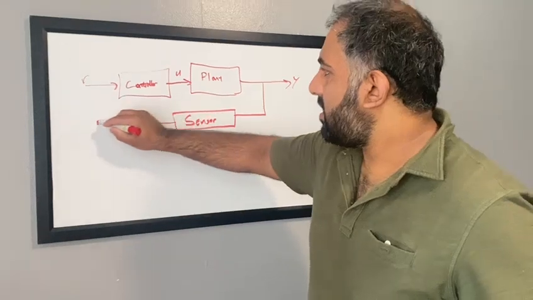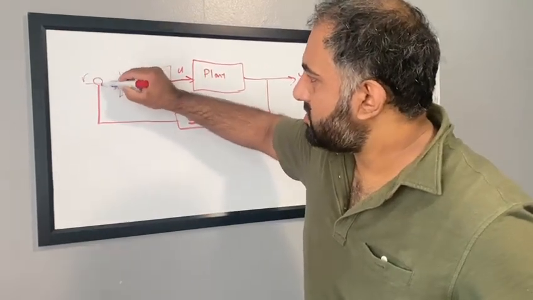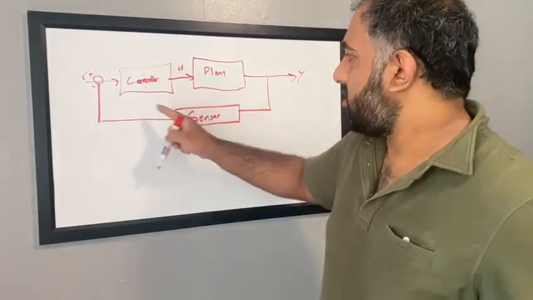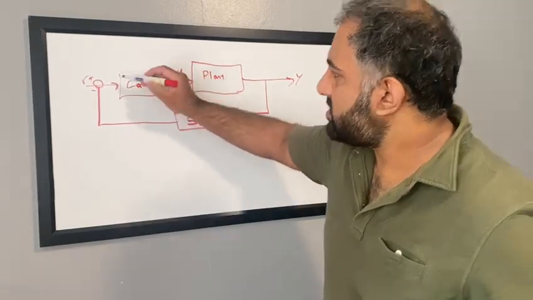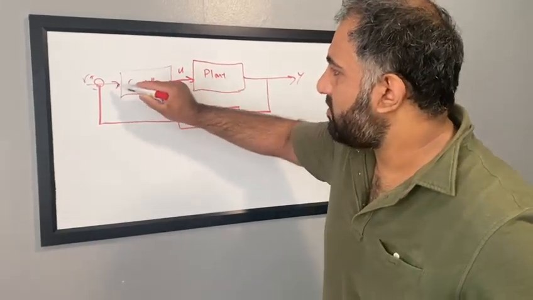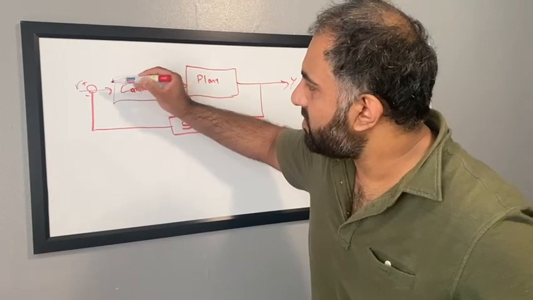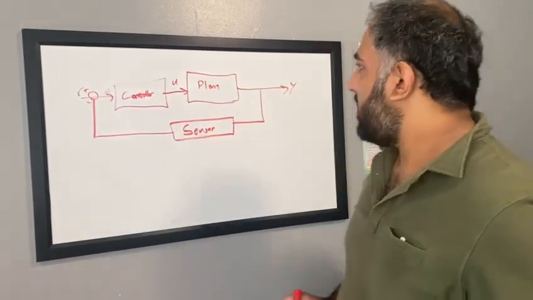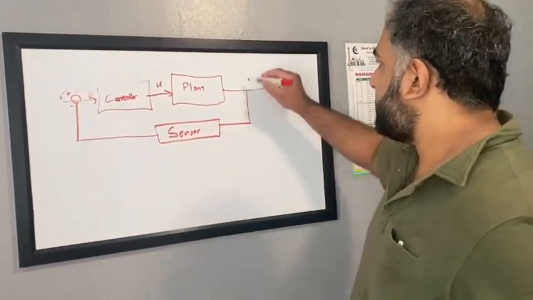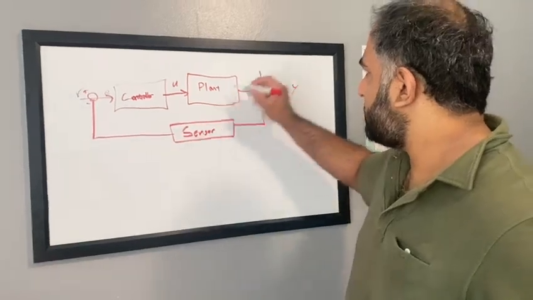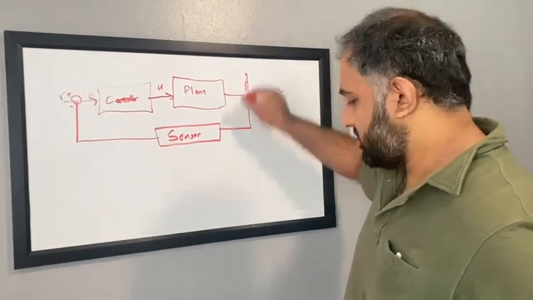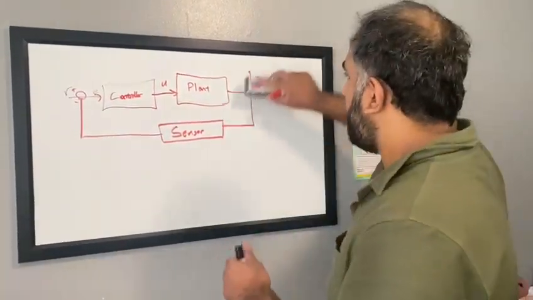And then there's a summation junction where the difference is the error, so what's entering the controller is your error. And then you might have disturbances, sensor issues and whatever, but let's not consider that for now.